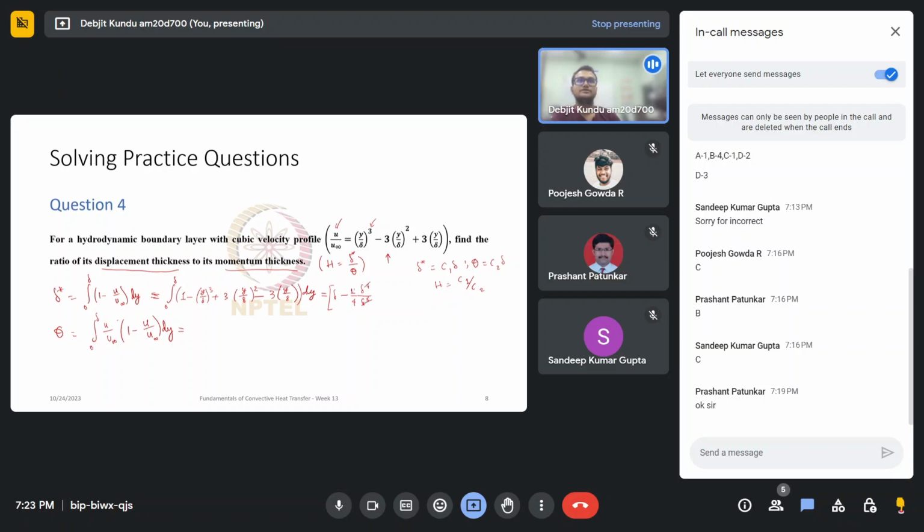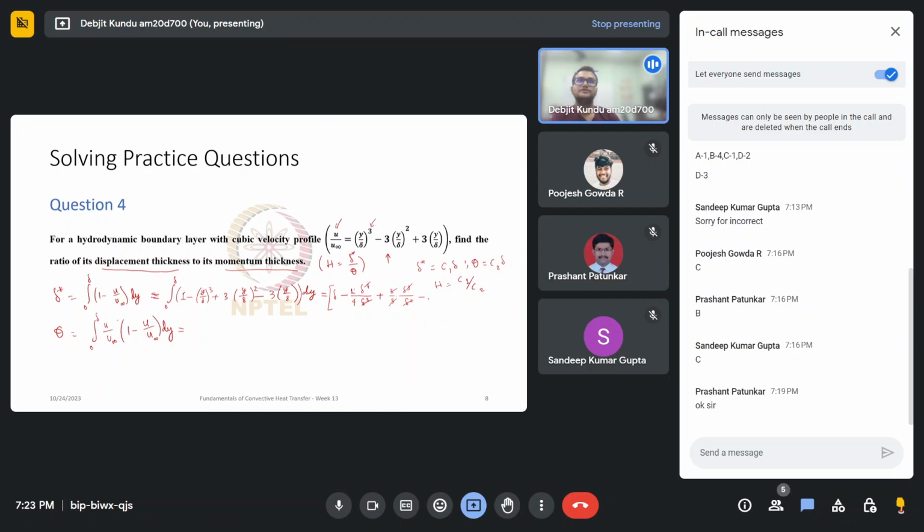And this delta cube cuts out to give me only delta. Then the next term, I have 3 in front and a delta square in the denominator. Y square integrated is y cube by 3, so this becomes delta cube by 3. The 3 cancels out, delta square cancels out, giving me only 1 delta.